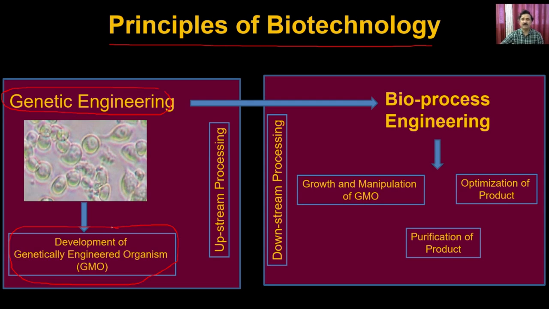Apart from that, we very briefly discussed the bioprocess engineering, where we have discussed the different types of bioreactors, and we also have discussed how you can do the optimization of the product as well as the purification of the product.